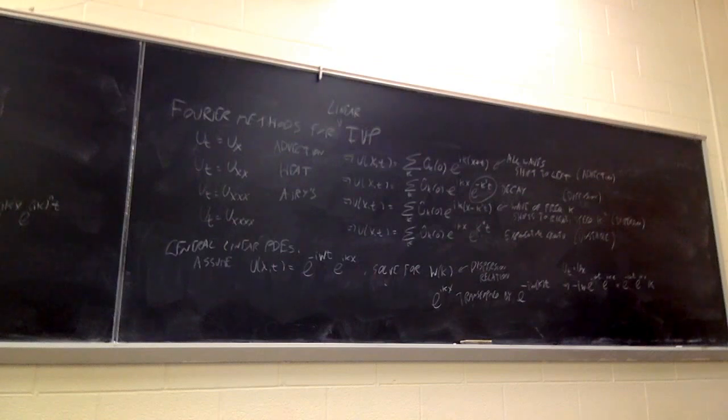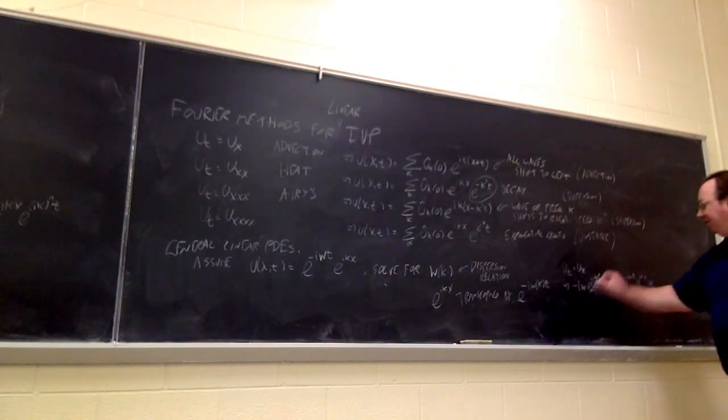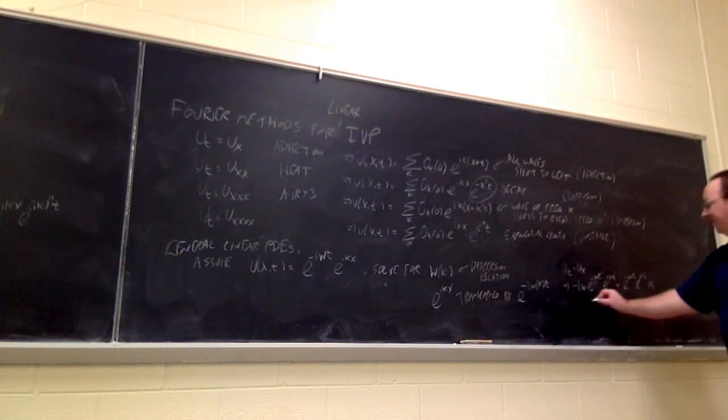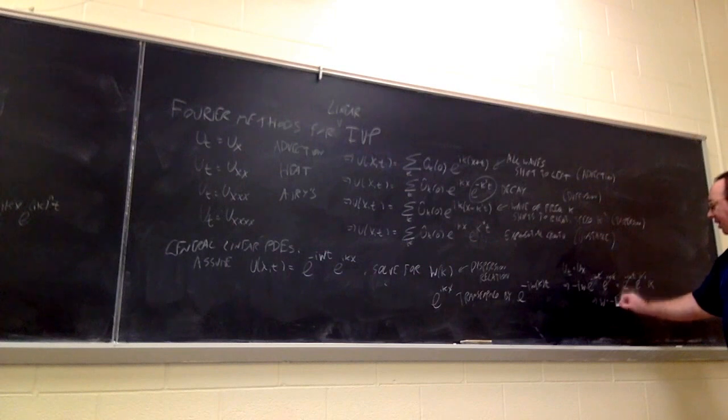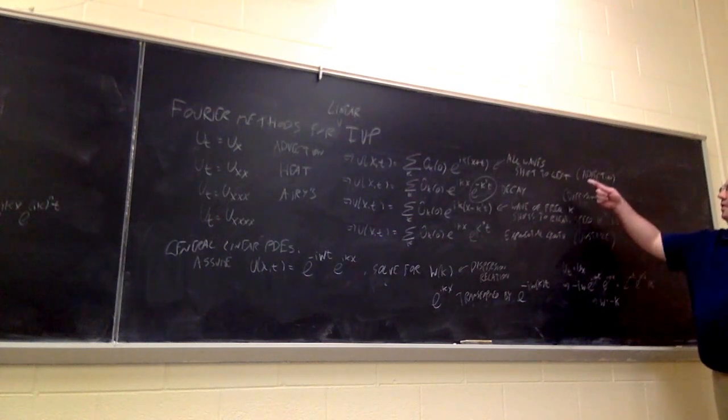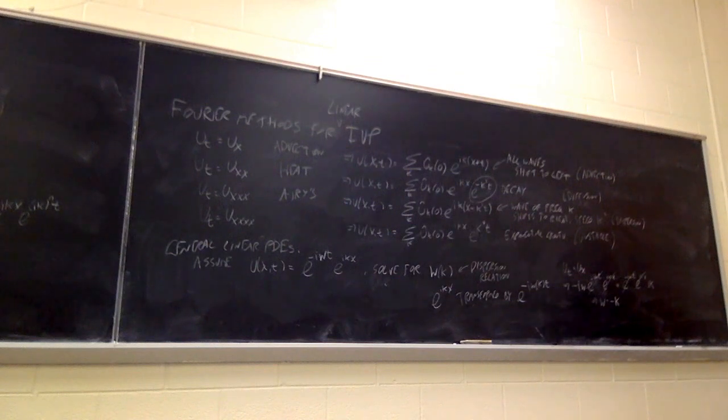So then a whole bunch of things cancel out. All the exponentials cancel out. The i's cancel out, and your dispersion relation is w is equal to minus k. So that's the dispersion relation in the case of n equals 1.